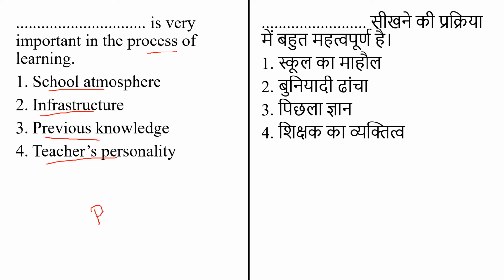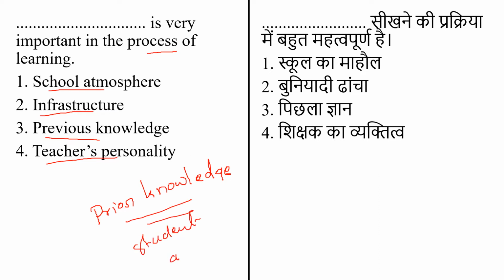So here the prior knowledge plays a very important role in the teaching learning process and student achievement. The amount and the quality of the prior knowledge positively influence both the knowledge acquisition and the capacity to apply it to higher order cognitive problem solving skills.